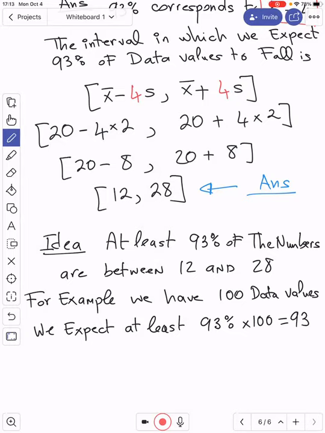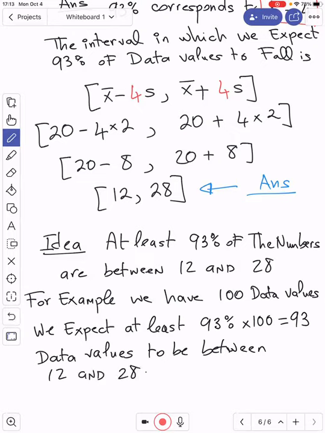So we expect at least 93 data values to be between 12 and 28. So in other words, most of the numbers, 93 out of 100, are actually between 12 and 28. That's 93%. So that's a lot, right? That's what we are saying here.